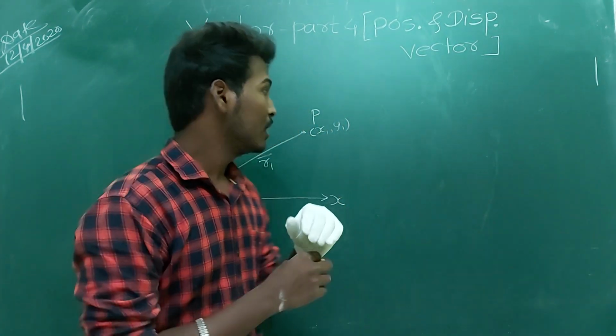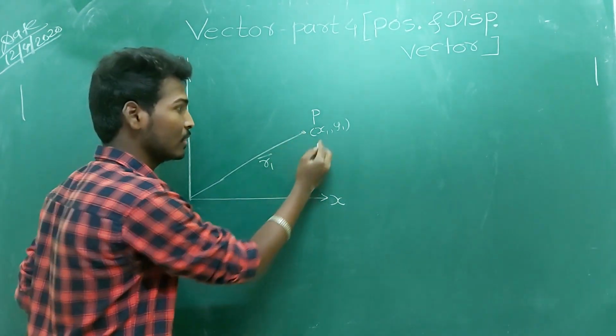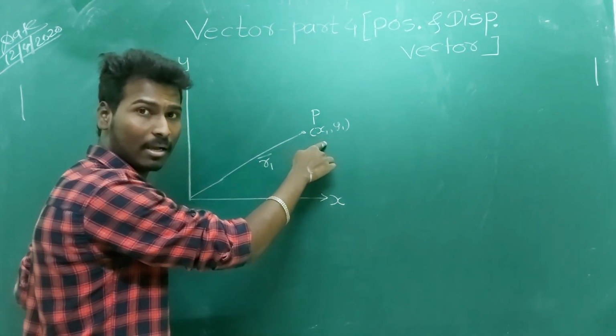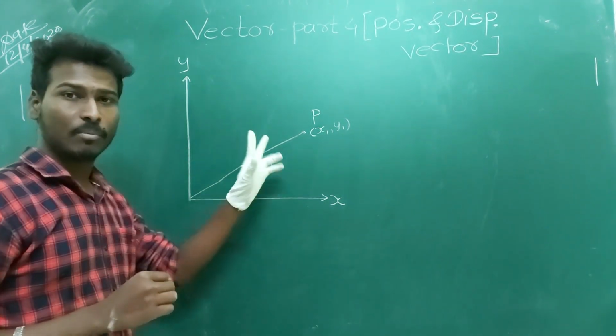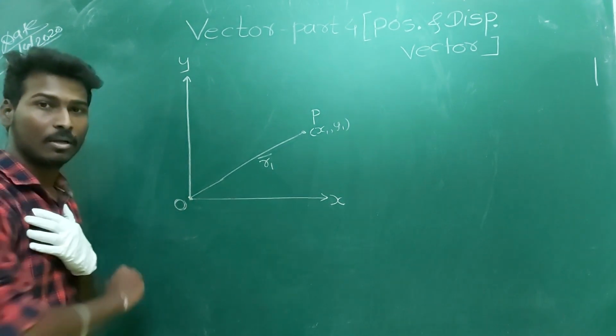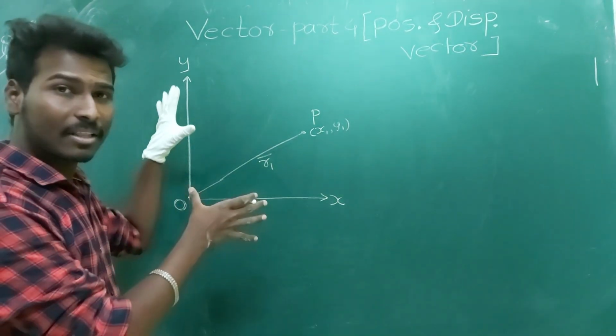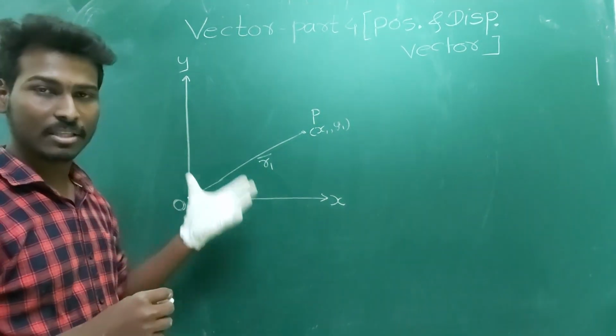Okay, now let's see another concept. Let's say we have a point P here whose coordinates are x1, y1, and r1 bar is its position vector from the origin O. Let's change the Cartesian plane. You know that the xy plane we also call a Cartesian plane.